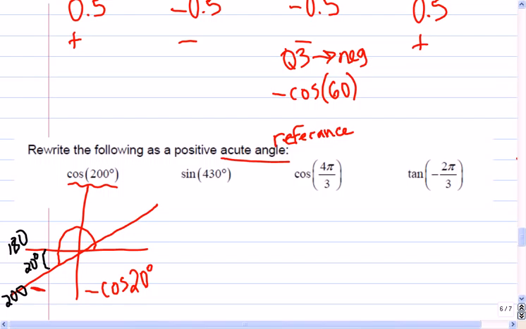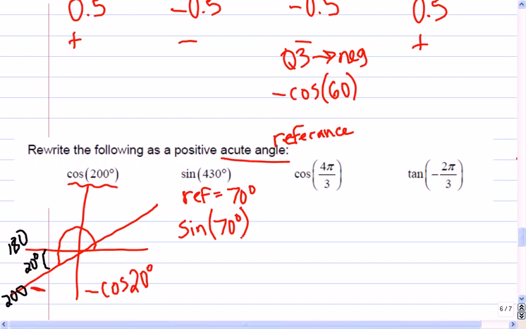Good, 70 degrees is the reference. Is it positive or negative? Well, I guess let's start by saying which quadrant is 430 degrees in? 1. Yeah, it's going to be once around and then stops in the first quadrant. Okay, so 430 is positive, so I can just say this is equivalent to the cosine of 70 degrees.